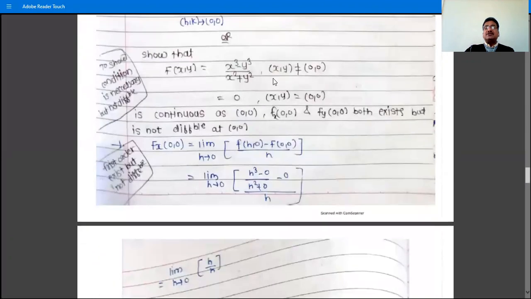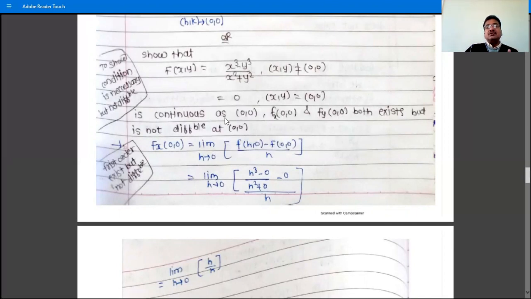This example justifies that the conditions are necessary, not sufficient. This function is continuous at (0,0), and f_x(0,0) and f_y(0,0) both exist, so the necessary conditions are satisfied, but still this function is not differentiable at (0,0).